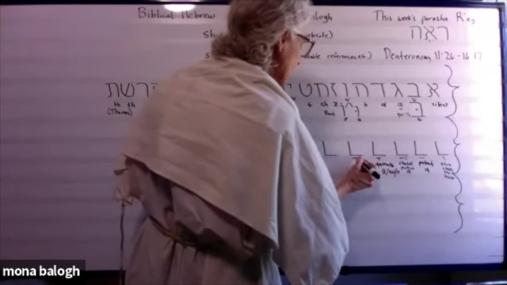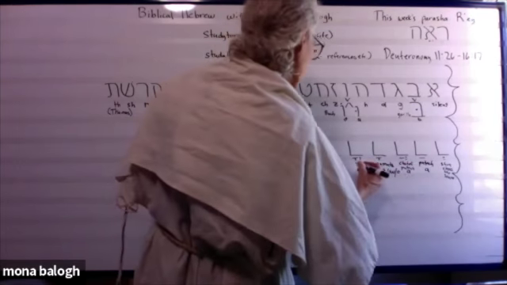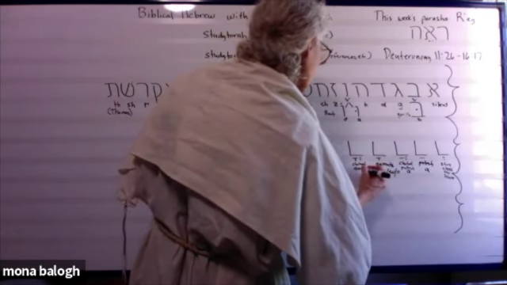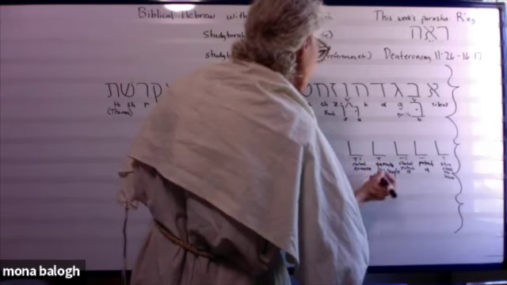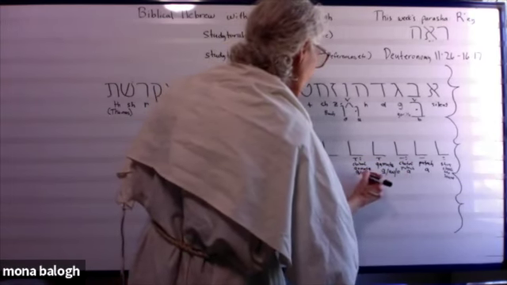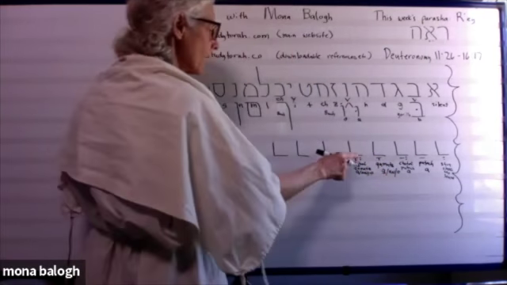Then you've got the chatef kamatz, same as with the chatef patach. And as you probably guessed, it has all of these as well. Ah, aw, o, but maybe a little shorter because of the shva.